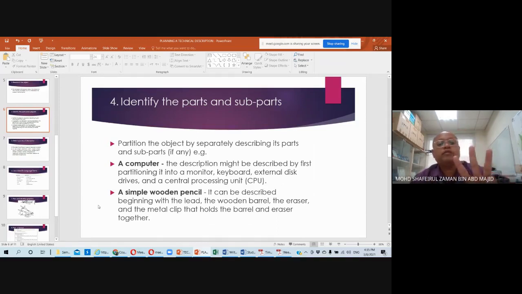So there are 3 of you, and each one of you is going to present 2 main parts or subparts. If it is a pair work, you need to describe 4 main parts or subparts of the product, so individually you still need to describe 2. I hope I answered your question. So for each group it is going to be 6 main parts or subparts, and for a pair it is going to be 4.